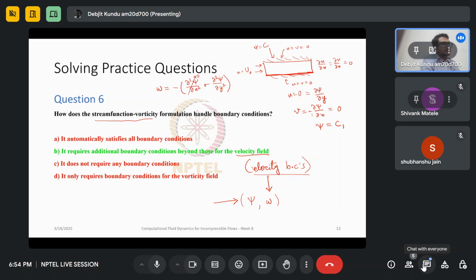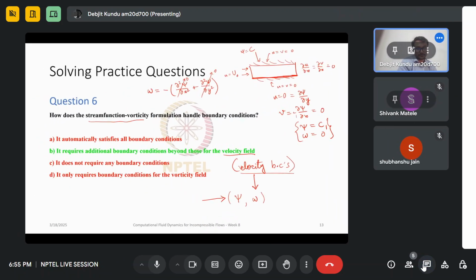And this one is also 0. So basically omega is also 0 for this wall, right? So similarly, from the velocity information, you find out what the psi and omega would be at the boundaries. Those boundary conditions are needed for solving. Okay.